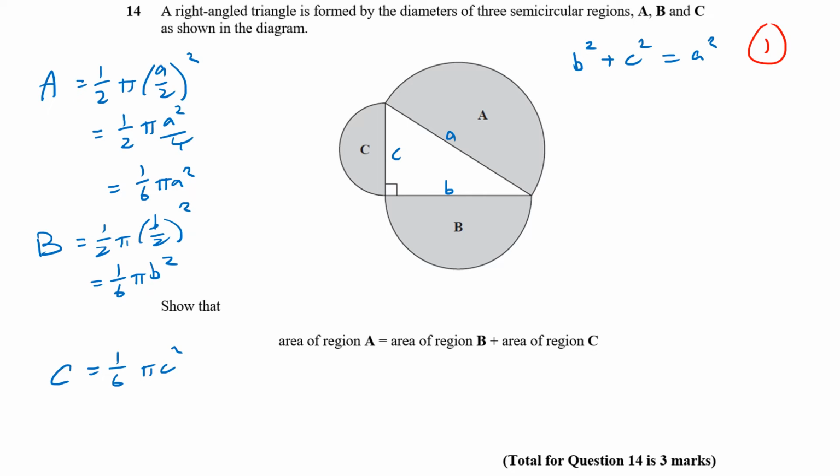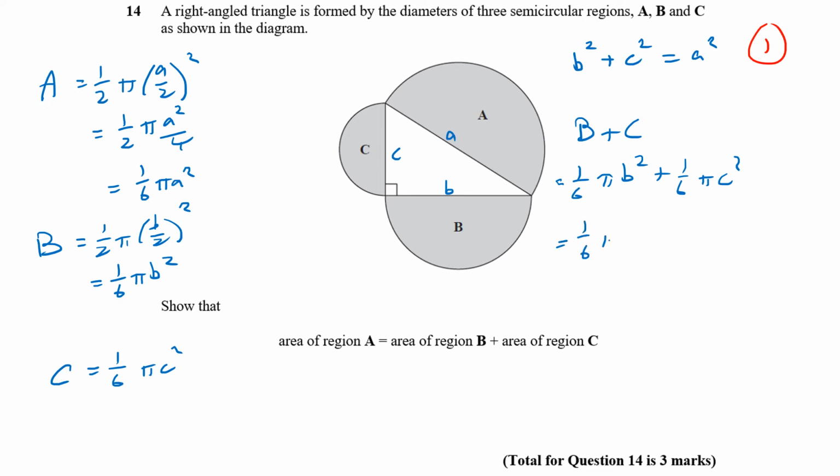Now, if I know that A squared plus B squared equals C squared, I'm trying to show that the area of the three regions is equal to each other. So if I do the area of B plus the area of C, that is 1/6 pi B squared plus 1/6 pi C squared. I can take 1/6 pi out as a common factor.